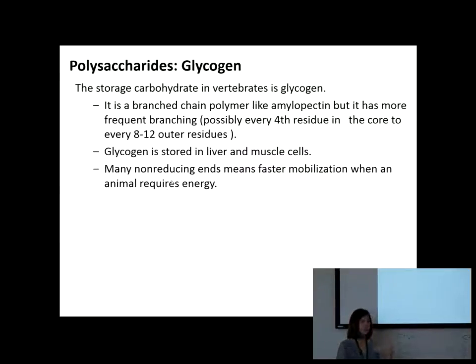So if we just have amylose, we have to chomp. We only have one place to chomp, okay, to get the glucoses off, to get it through glycolysis. However, if we are storing glycogen, we have lots and lots of non-reducing ends. So there's lots of places for the enzyme to chomp the glucose off.